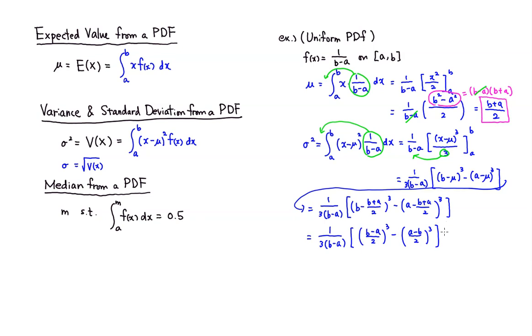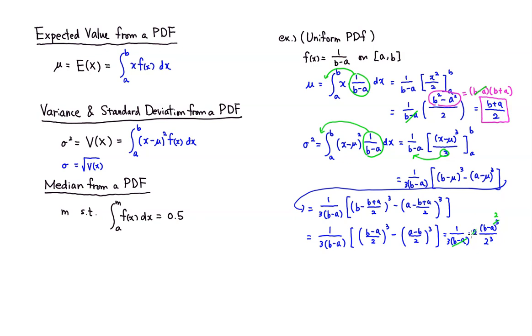So knowing that, we have 1 over 3 times quantity b minus a. You have two of these, so I'm going to put 2. And then you have b minus a cubed over 2 cubed. Right, then we can cancel quantity b minus a on the bottom. You have a b minus a on top. There are 3 of them, so we have to reduce it to 2.